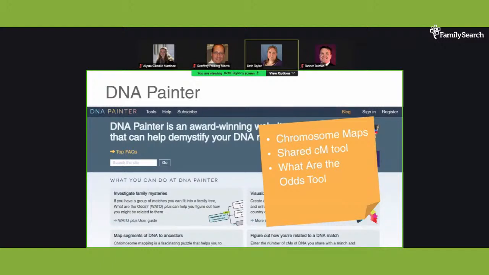You've got that brick wall, but you have all these relatives. You can build it out and hypothesize, and it will help guide you to figure out which line you're connected to. It's a great tool if you haven't played with it. They've introduced something called ancestral trees in the last year or so. And there's a lot more. Again, DNA Painter just keeps growing, like a lot of these websites.